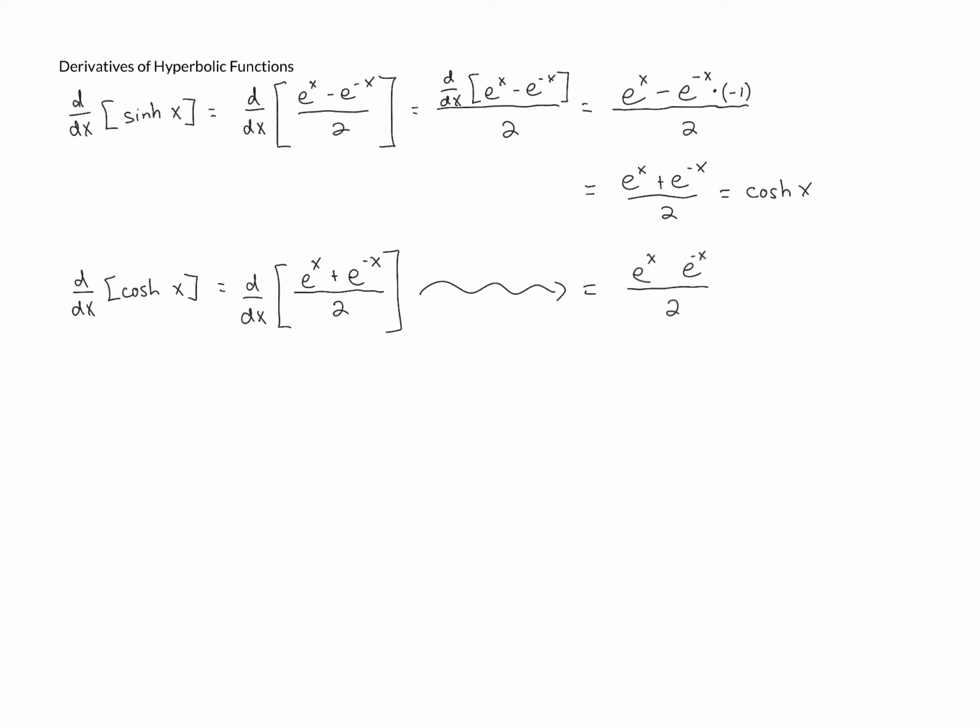And so instead of a plus, this is going to end up being a minus. And we recognize this as hyperbolic sine of x. So the derivative of hyperbolic sine was hyperbolic cosine, and the derivative of hyperbolic cosine is hyperbolic sine.